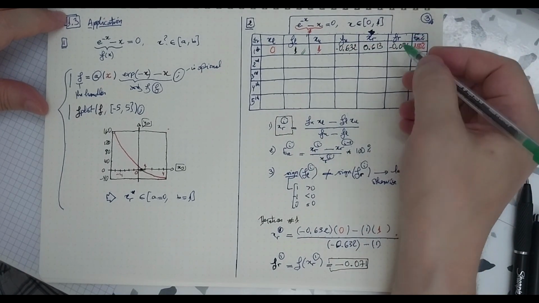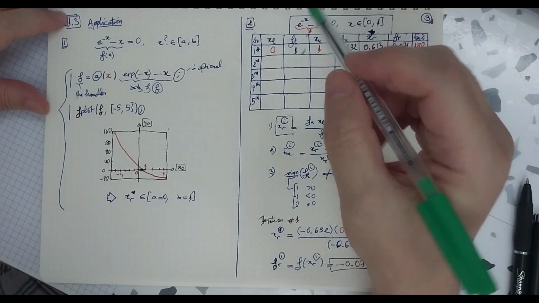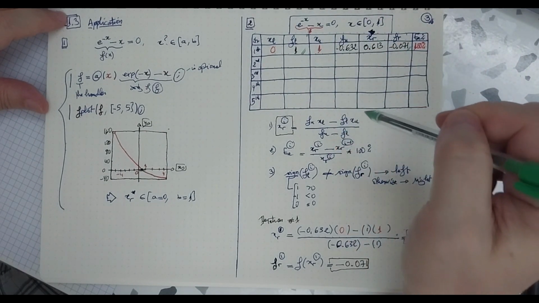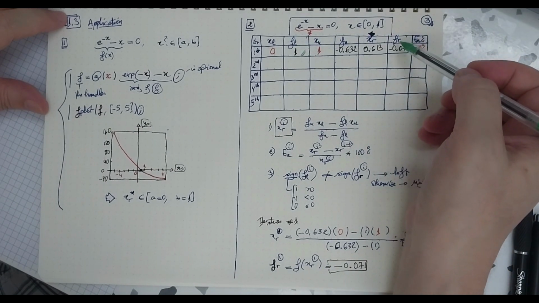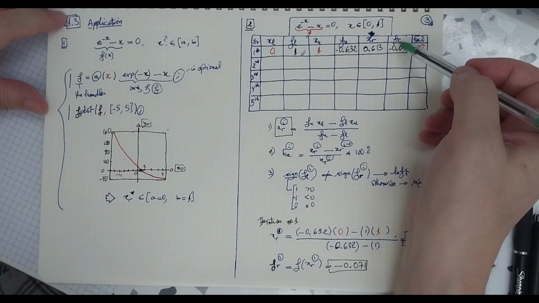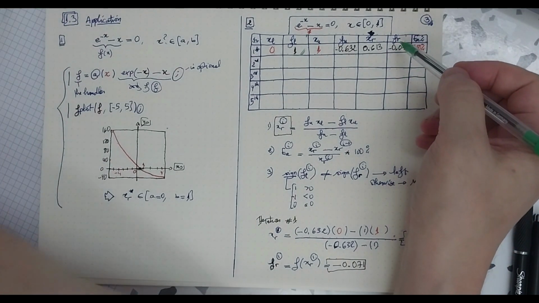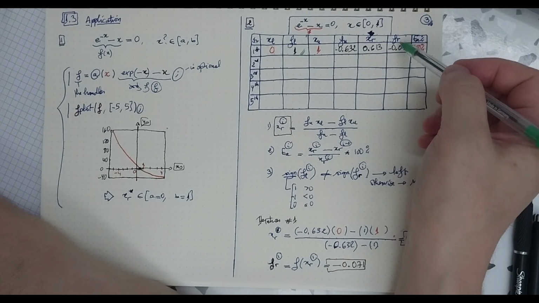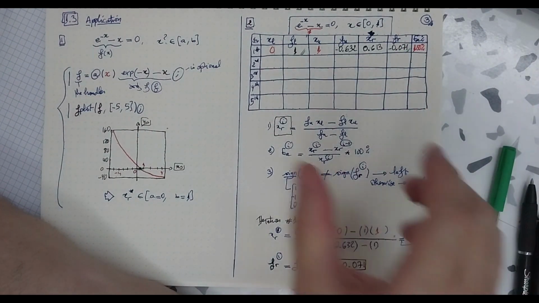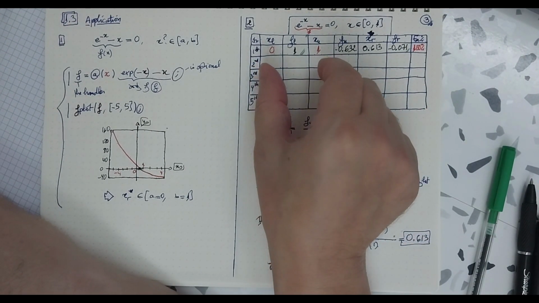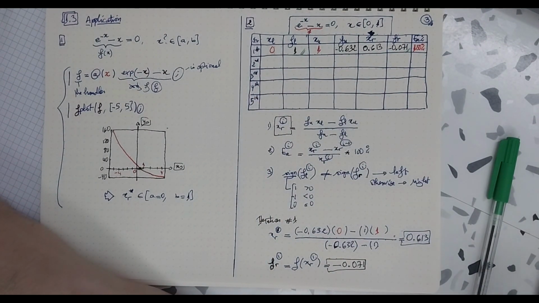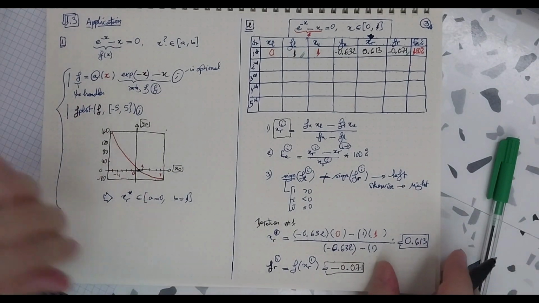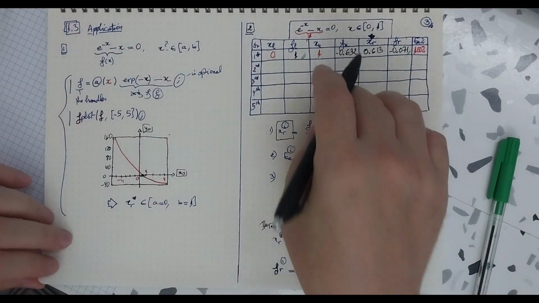So it's at the left. The curve has crossed the x-axis at the left. It was positive, and before reaching XR, it became negative. So the next interval will be, let's write it here, and I come back to the table.